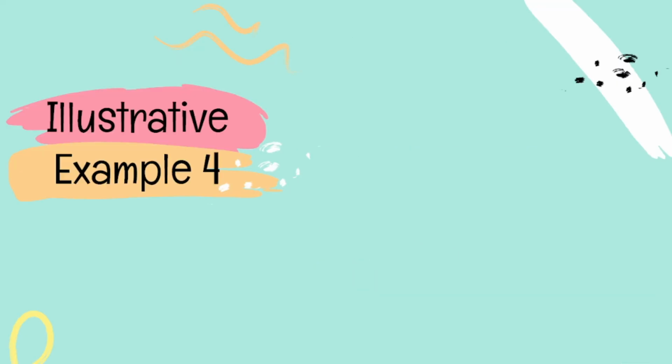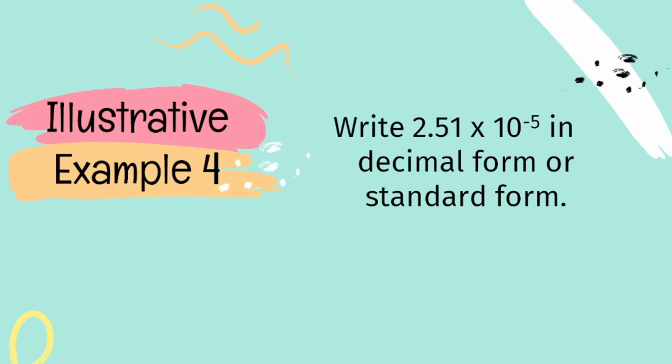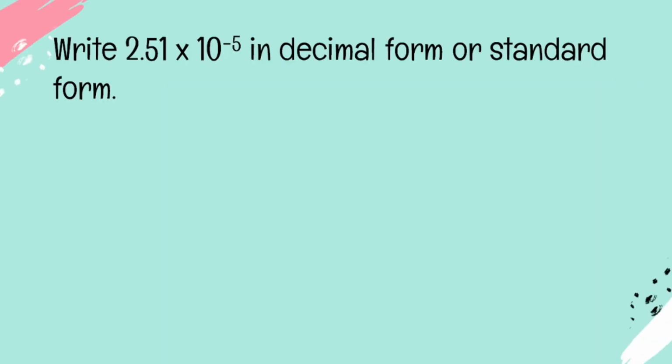Okay? Okay, now let's have our illustrative example number 4 sa inyong module. Sabi dyan that we need to write 2.51 or 2 and 51 hundredths times 10 raised to negative 5 in decimal form or standard form. So as you can see, we have here negative as exponent ng ating 10, meaning to say we are converting a very small number. Now, let's have this one.